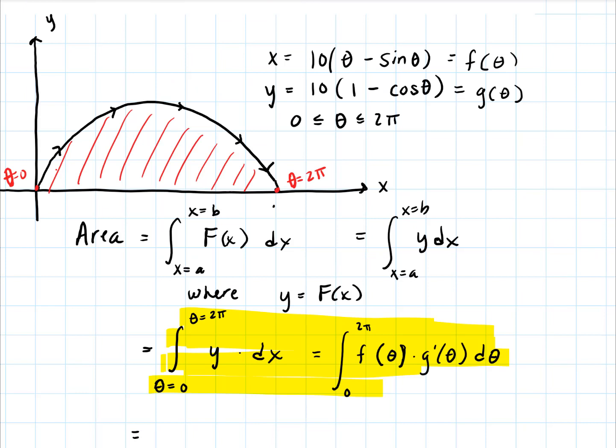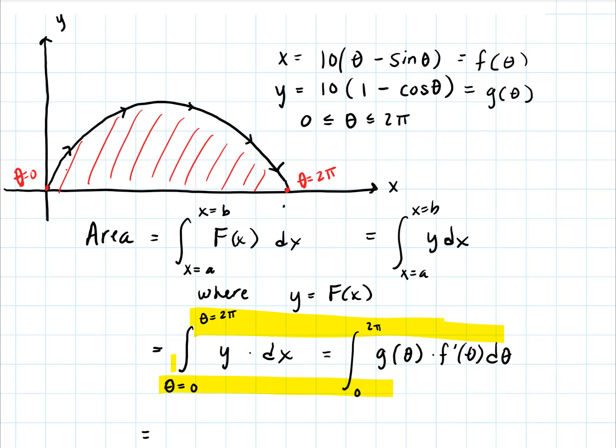I have y dx, and then I wrote g dy. So let's get in there and clean that up. So as we said, y is actually g of theta, f prime of theta d theta. All right. So now we have our formula.